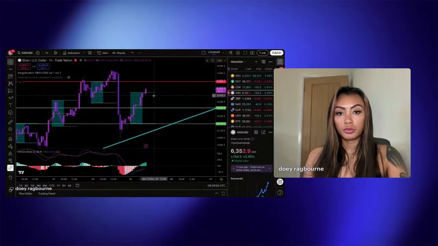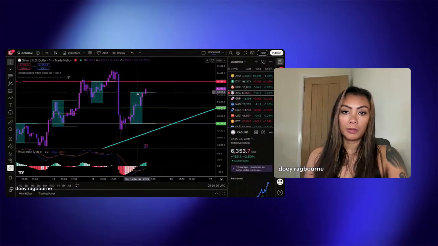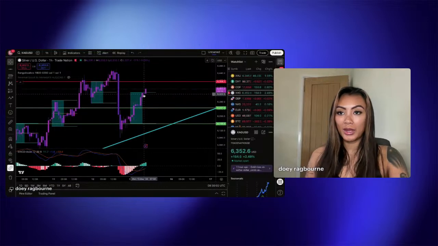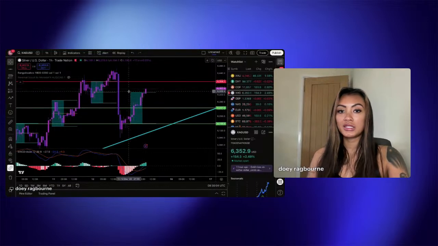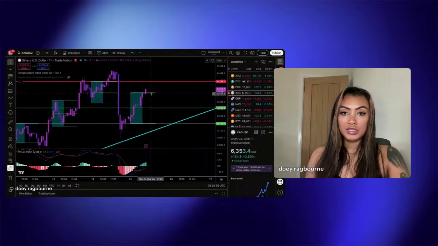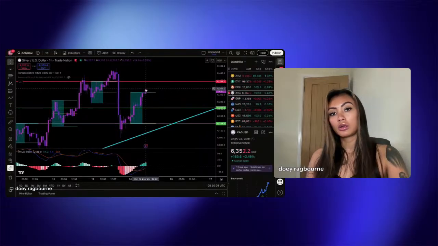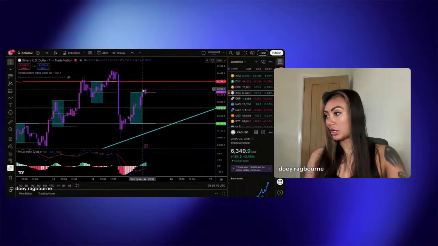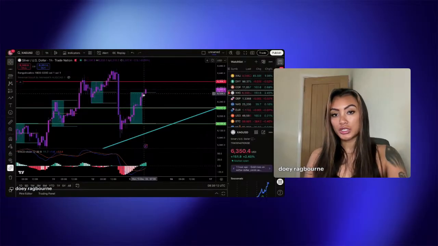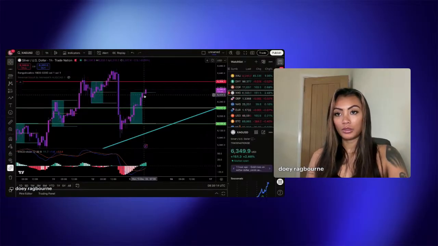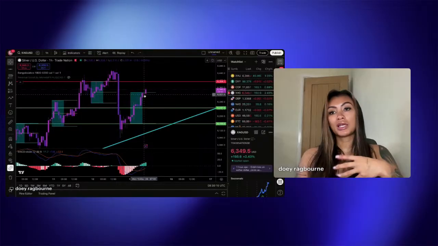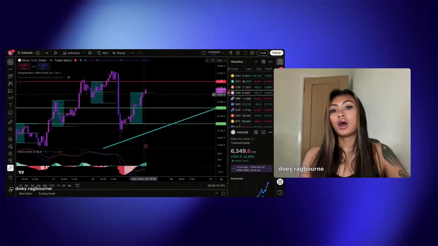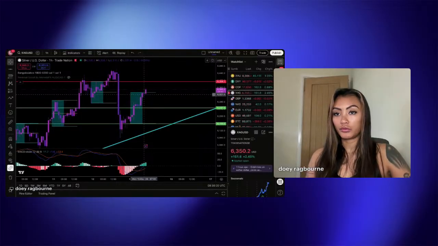So for example, on this 1 hour on silver, the first candle, we got a reaction to Asia highs, but we didn't break out. But that would be going against the trend, because I'm bullish for silver.